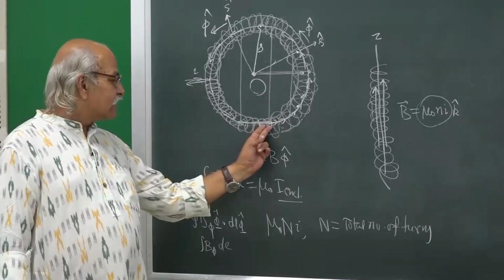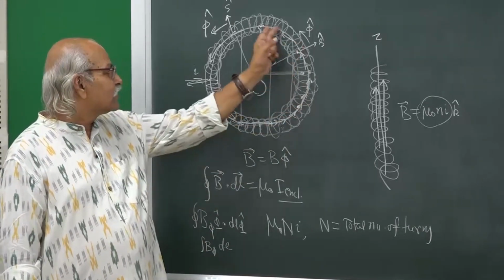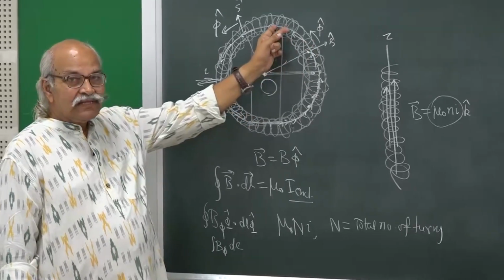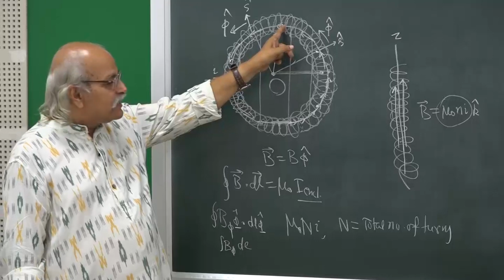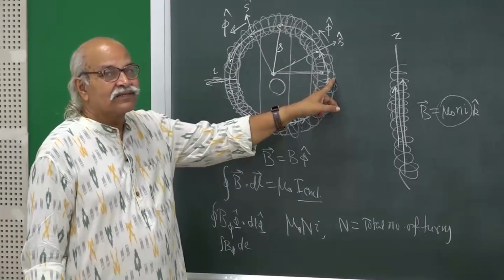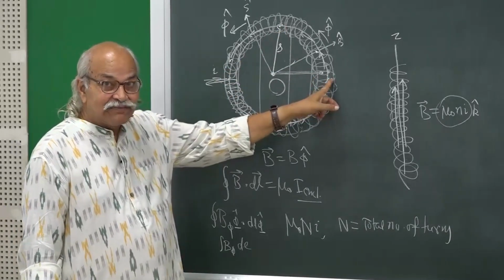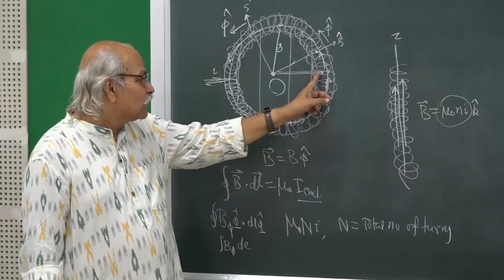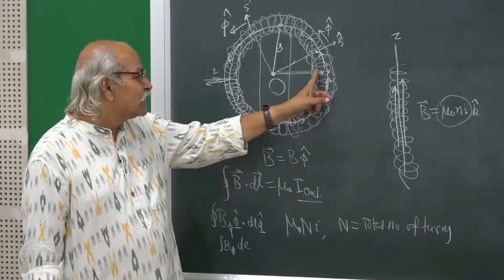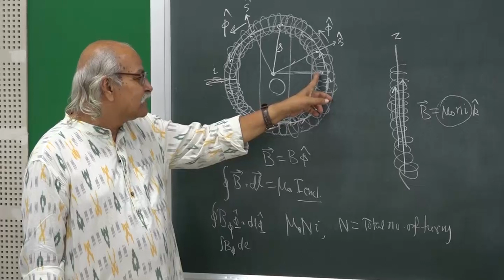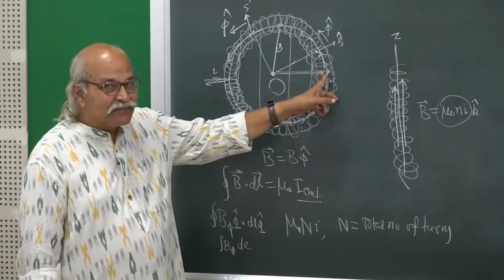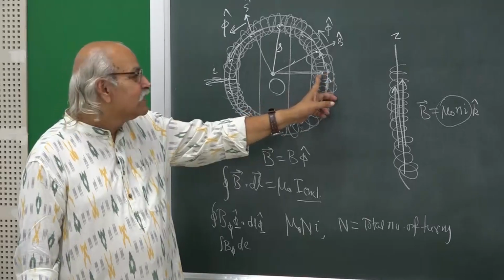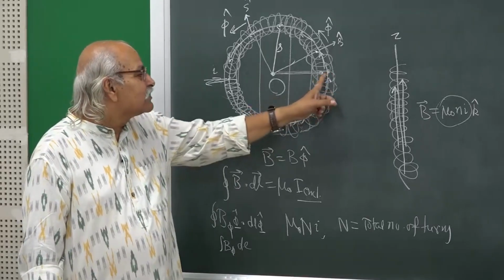So, whether you are here or here or here, the magnitude of the magnetic field is the same. It will vary if you change that S, because if you are close to the inner periphery, there are more turns, so expected more magnetic field. If you are going away, then expected magnetic field will decrease. So, this way it will change, but this way it will not change.